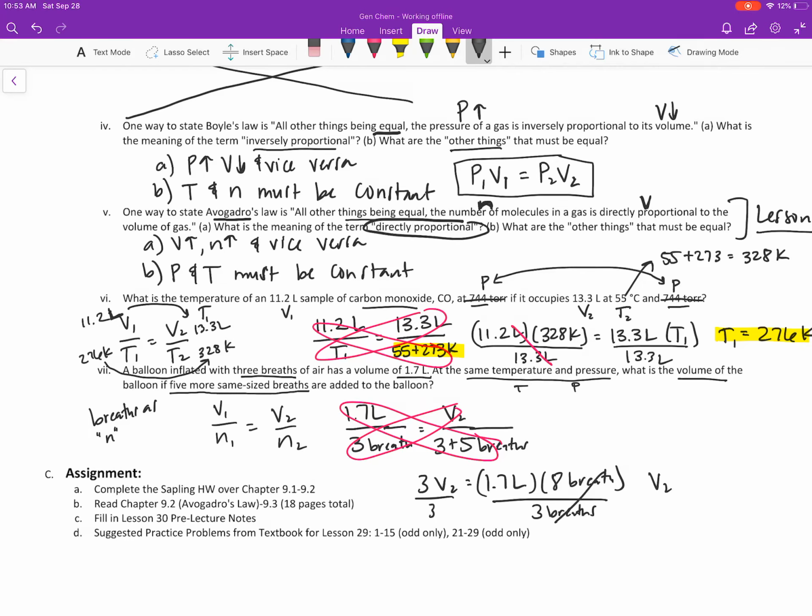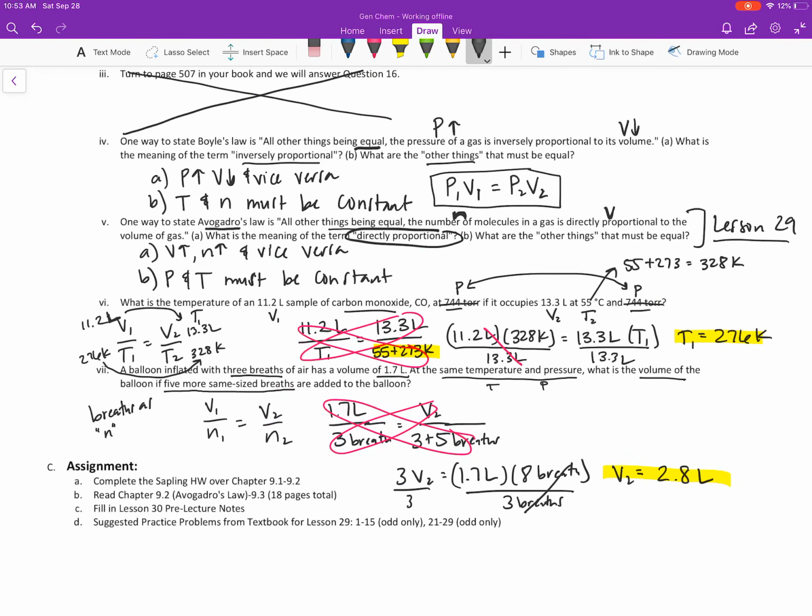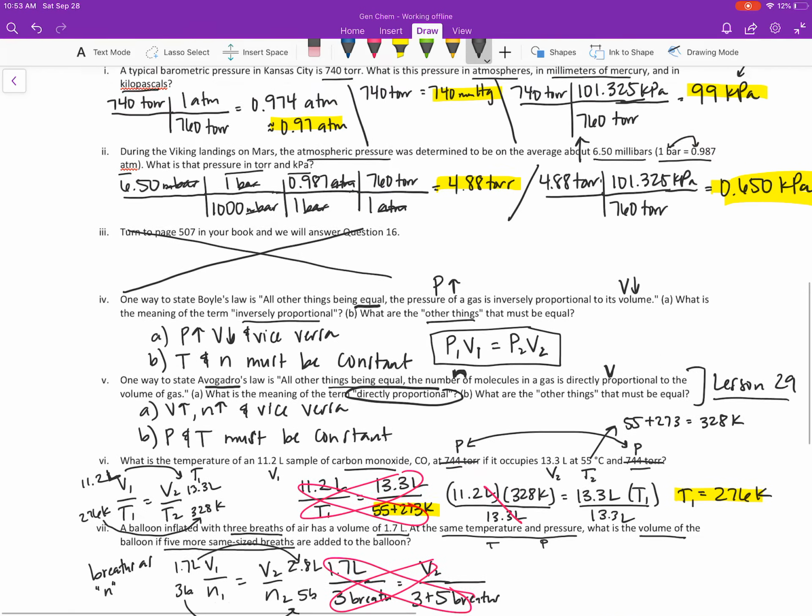I didn't do a very good job of writing that, which gives me a volume of 2.8 liters. So let's make sure this matches what we expect. We have a volume of 1.7 when we have 3 breaths, and we have a volume of 2.8 liters when we have 5 breaths. So they increase left to right and increase left to right. So it matches what we would expect to have happened.